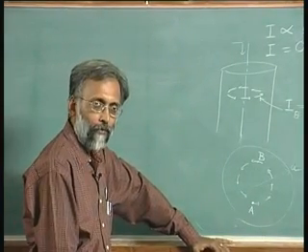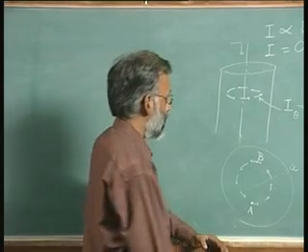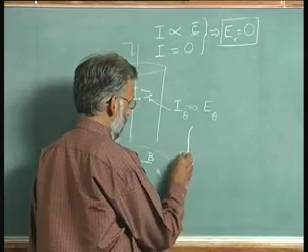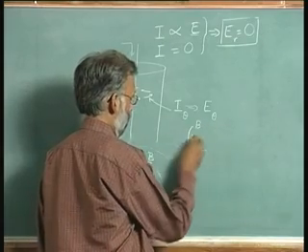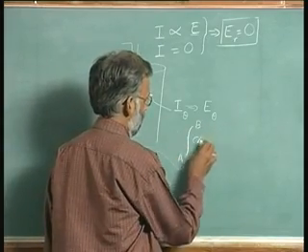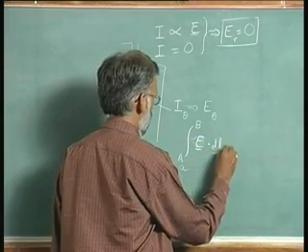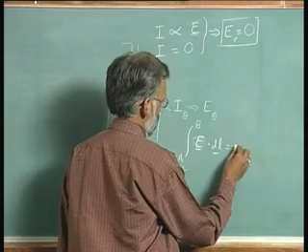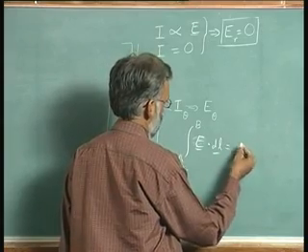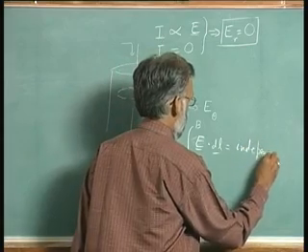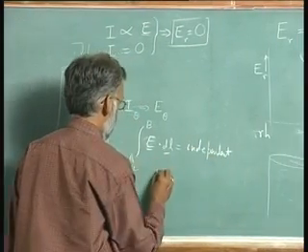Now, you may remember from 2 lectures ago, we proved something. We proved that integral A to B E dot dl was independent of path.